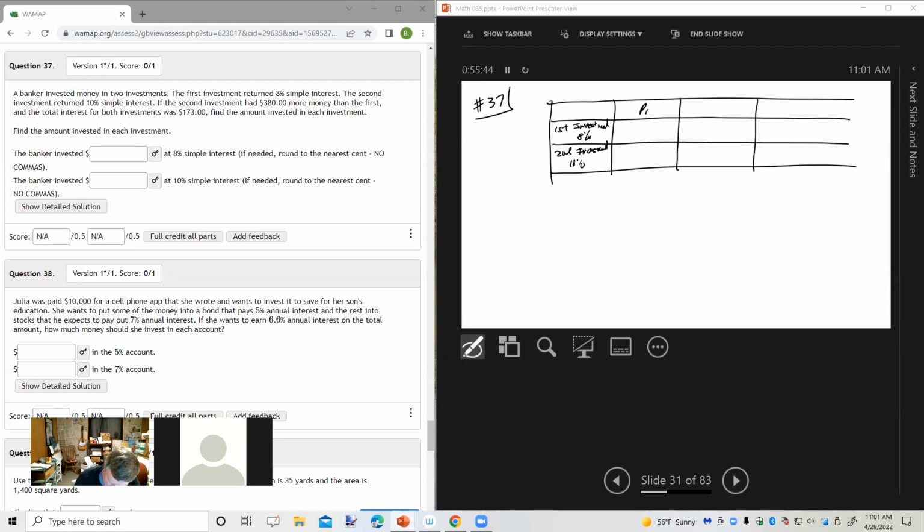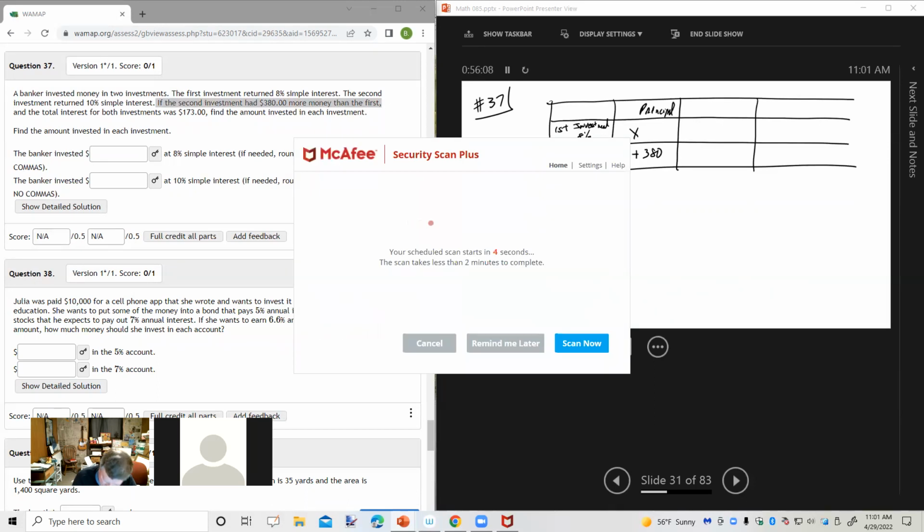So the principal, second investment. Okay. So here's our comparison statement. The second investment had $380 more money than the first. So if the first is X, the second would be X plus 380.